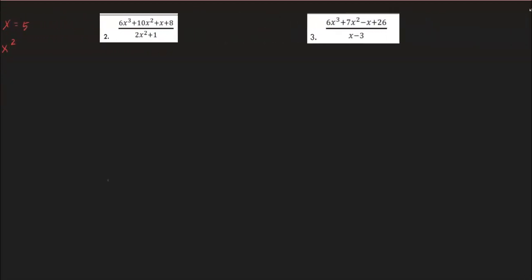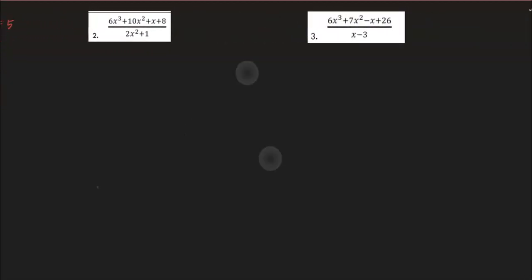Number 2. Okay, check out that divisor. So it has a coefficient of 2, which is doable as long as the degree is a linear, but it's a quadratic.